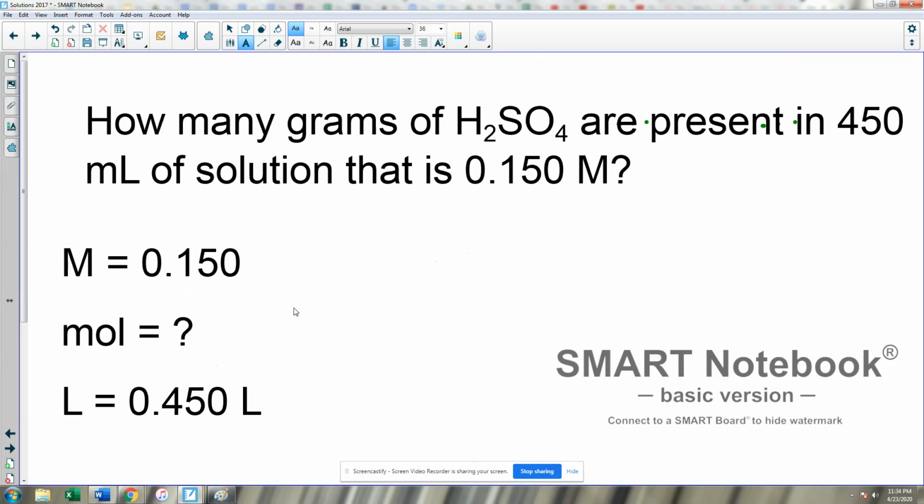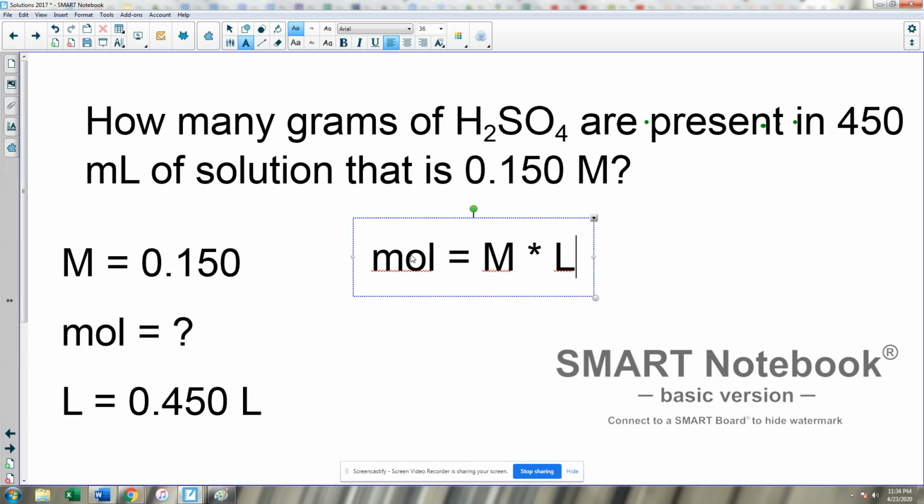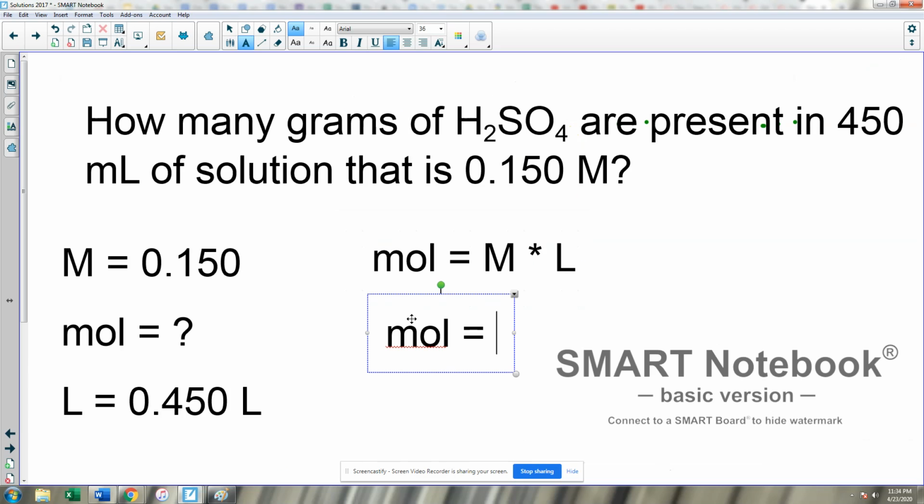Okay, so the number of moles should be equal to the molarity times the number of liters. So in this case, it would be 0.150 times 0.45. So that comes out to 0.0675 moles.